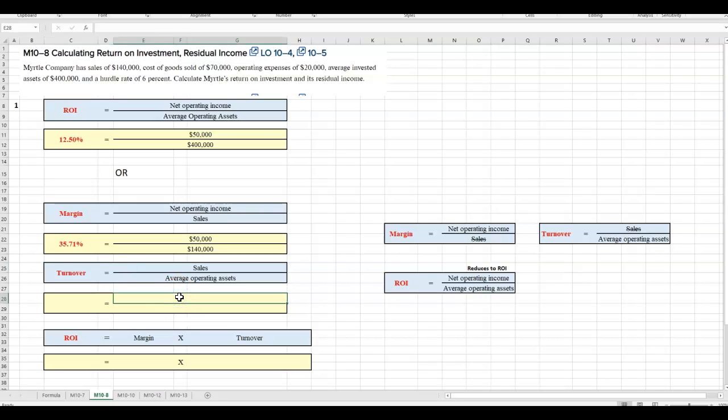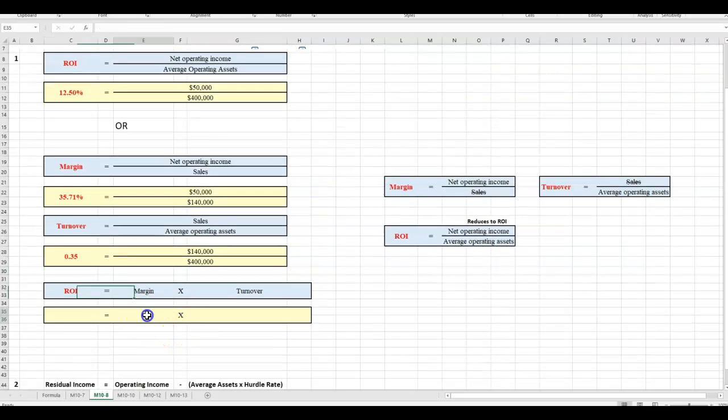Turnover is sales over average operating assets, 140,000 over 400,000. That would be 140 divided by 400, 0.35 turnover. So then my ROI is my margin times my turnover, or 12.5%, same thing.